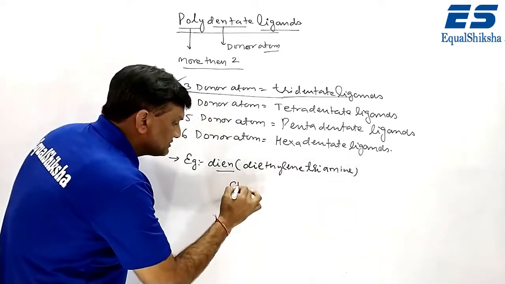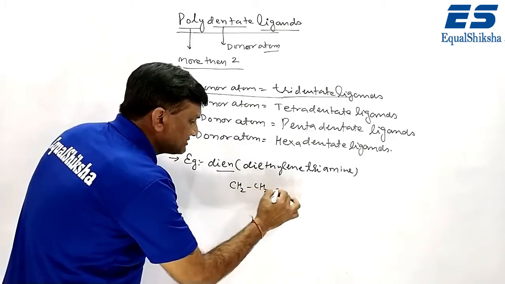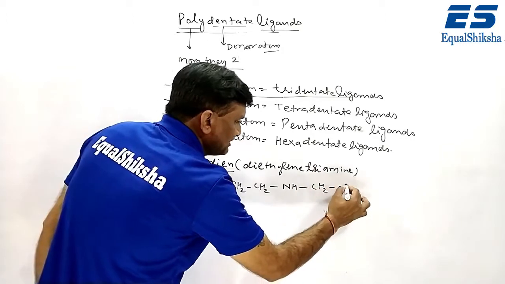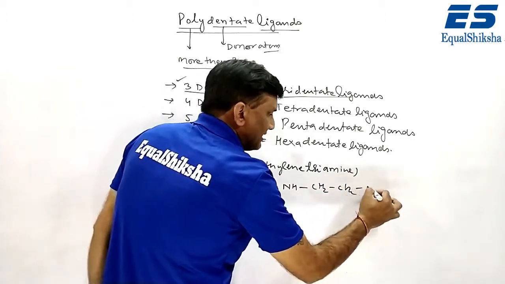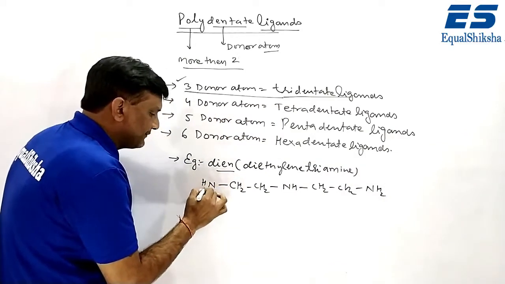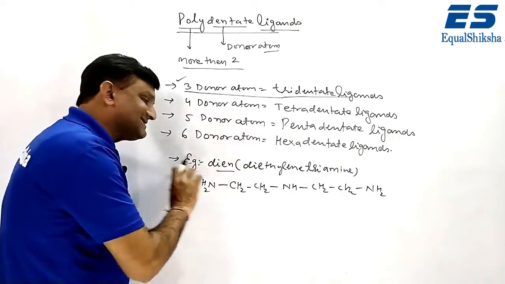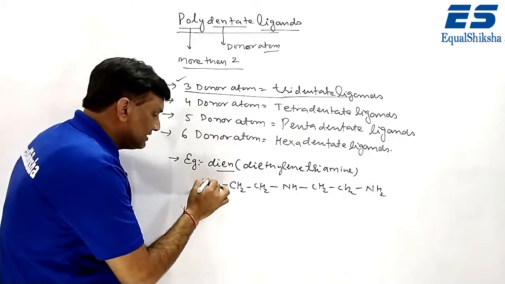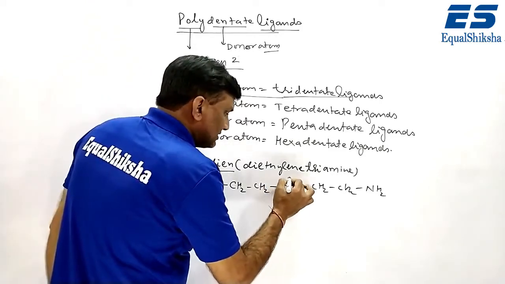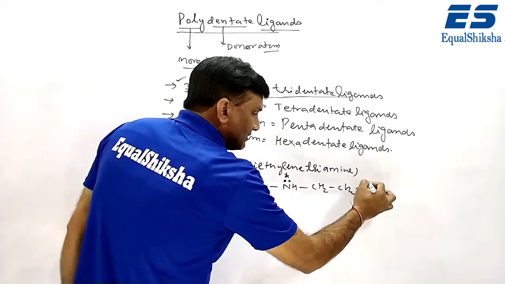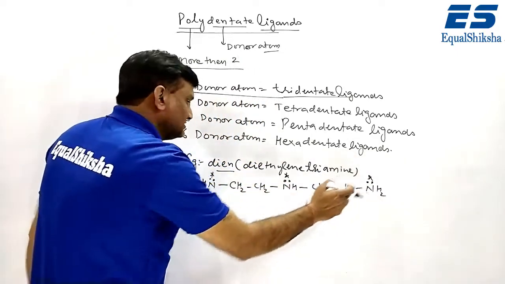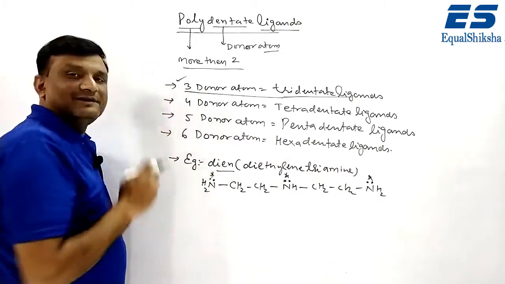The structure is NH2, CH2, CH2, NH, CH2, CH2, NH2. It has no charge. The donor atoms are nitrogen, another nitrogen and a third nitrogen. There are 3 donor atoms, so it is a tridentate ligand.